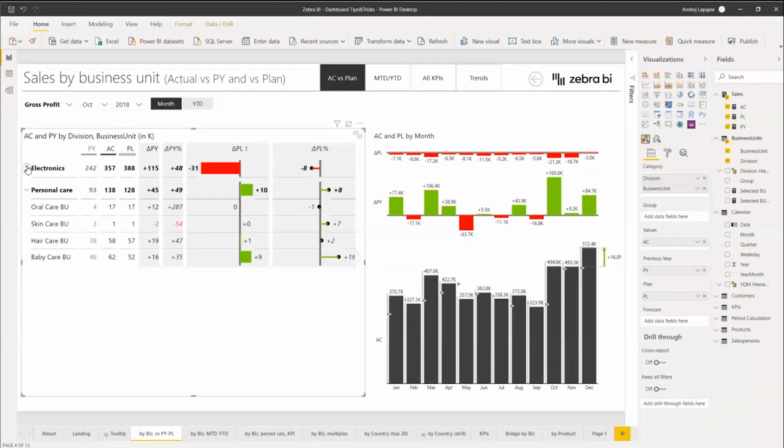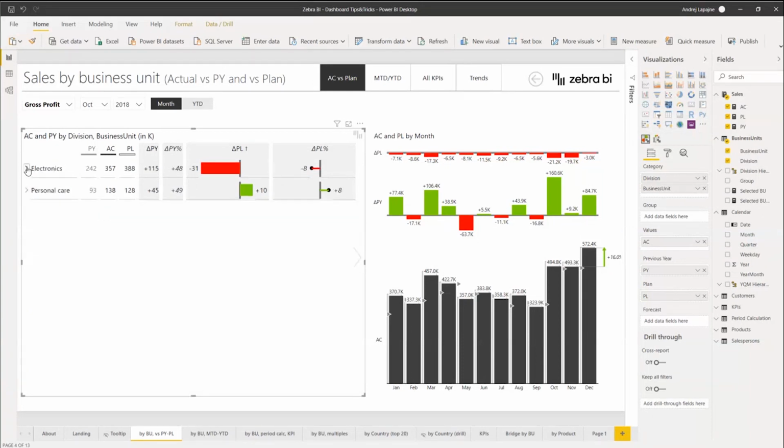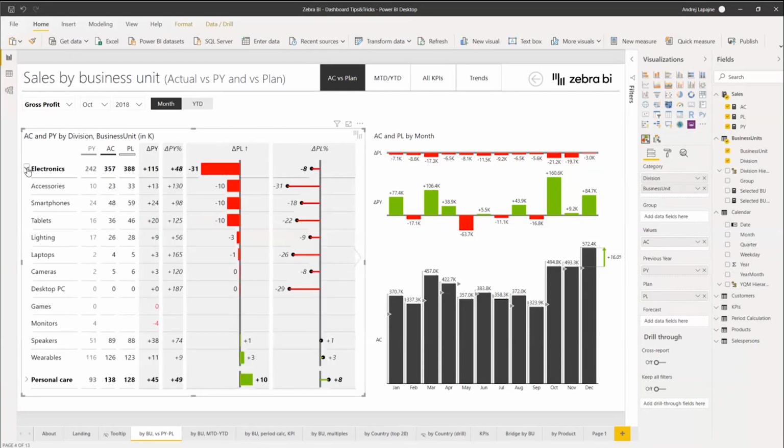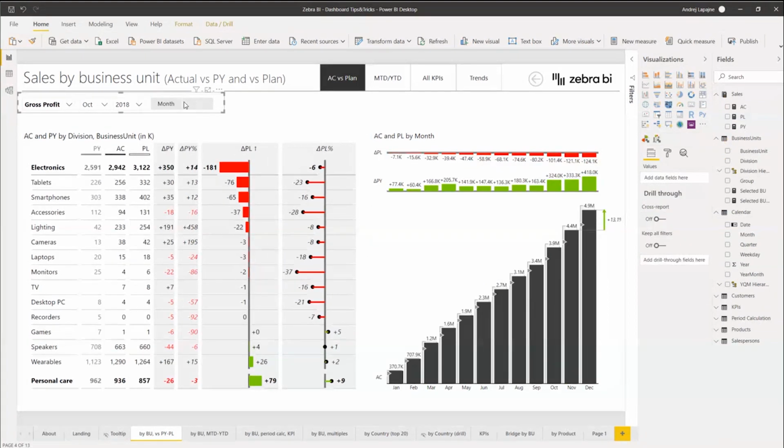These are now regular report pages where you can provide more information, drill down to 3 or 4 or 5 levels of detail, and provide more options, more slicers, like what is the situation for the month or year to date.